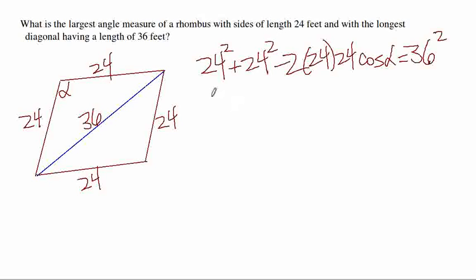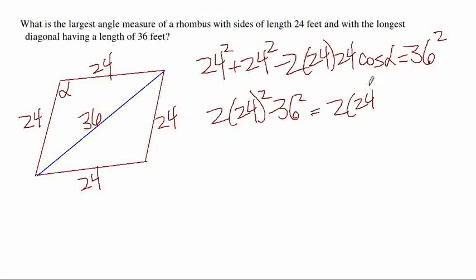So let's move some terms around. 2 times 24 squared minus 36 squared equals 2 times 24 squared times the cosine of alpha.